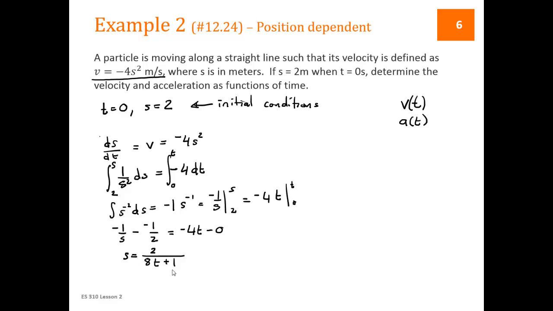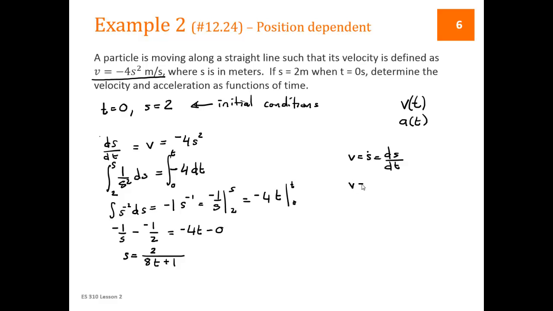So now we can go back to our other equations. If we have s in terms of t, v is equal to s dot, the time derivative of s with respect to t. So we're going to find the time derivative of this expression. Remember how to find time derivatives of fractions?